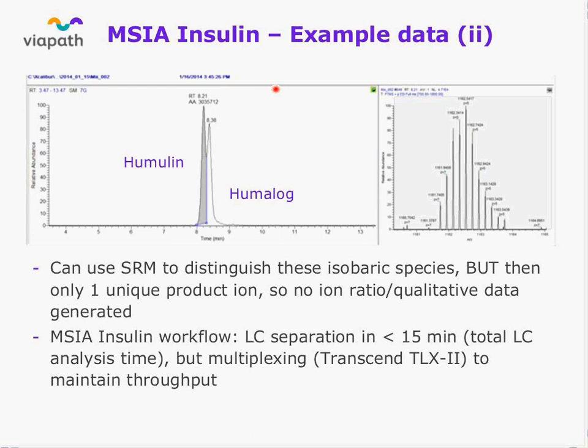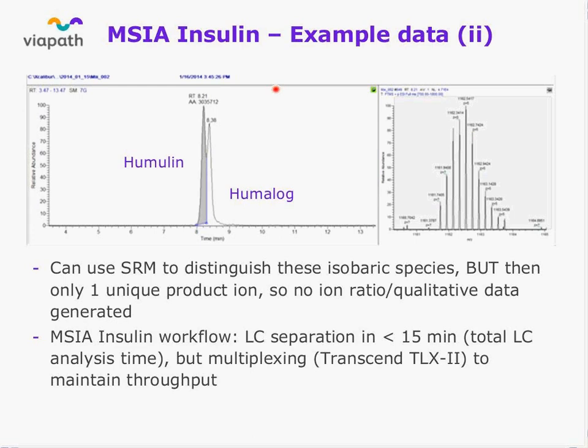You can use triple quadrupole mass spectrometers to differentiate these two compounds also. So if you use MS-MS or tandem MS, because of the order of that very end B chain and the way that proteins fragment in a mass spectrometer, you can actually get some unique, small but unique product ions.